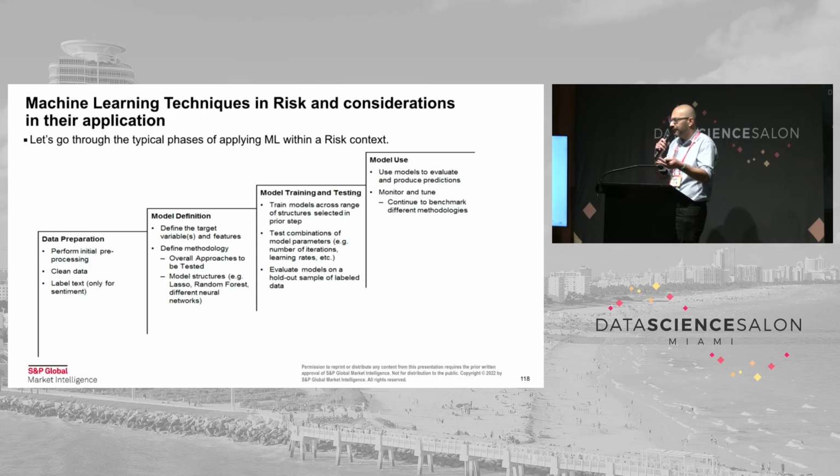Once you've settled on a few of them, you start training them, and you start comparing the marginal benefit across the three or four and how each is behaving, because sometimes the lift isn't enough to justify going into more complex approaches.